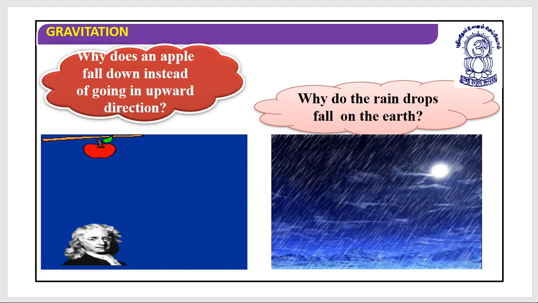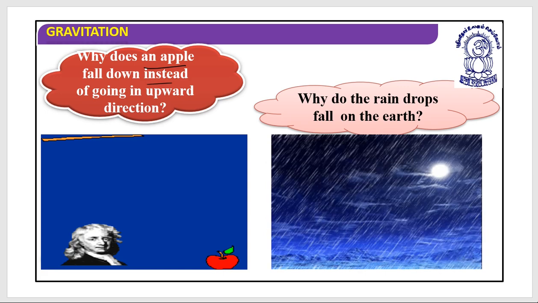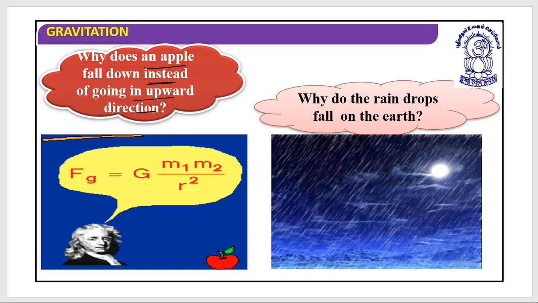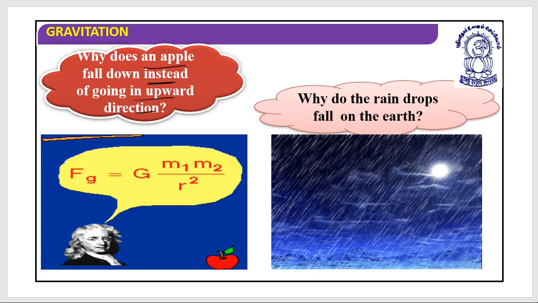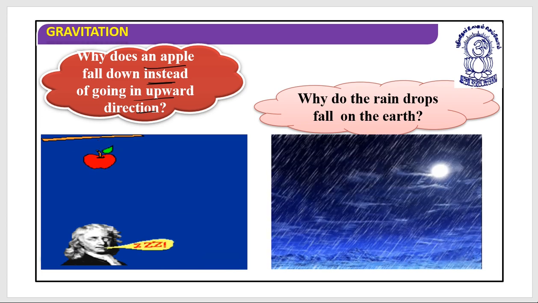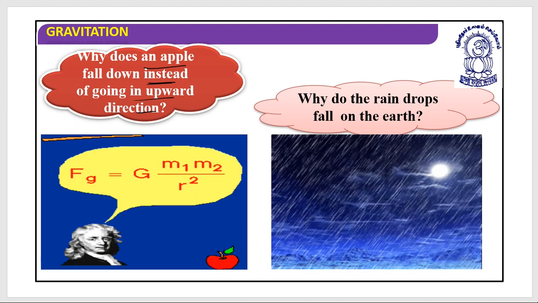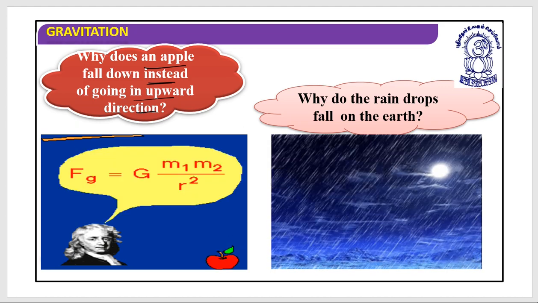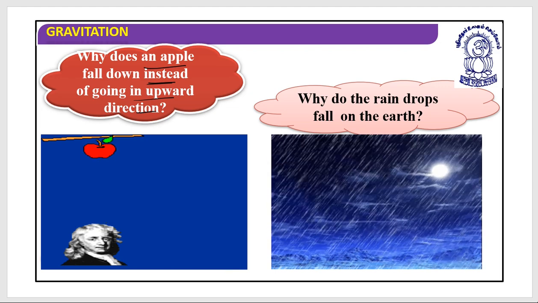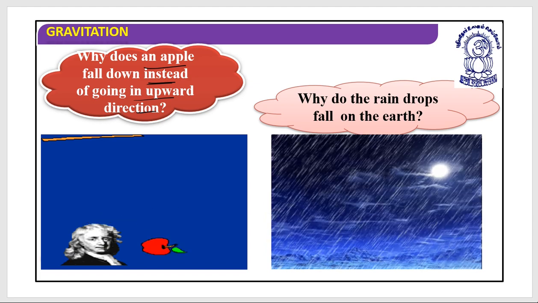Look at this. Why does an apple fall down instead of going in an upward direction? I'm sure you have heard the story of Sir Isaac Newton, that he was sitting under a tree and an apple fell down, and he thought, why is this moving in the downward direction instead of going upward as well?